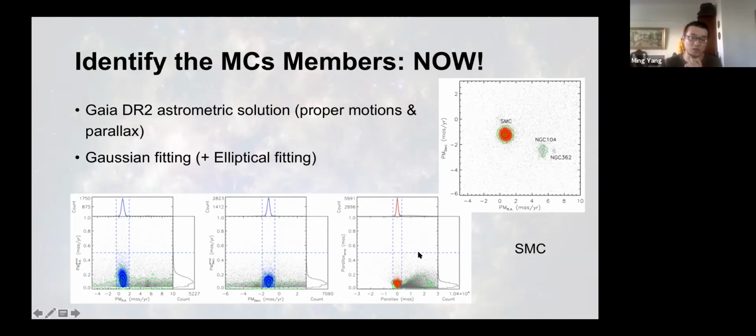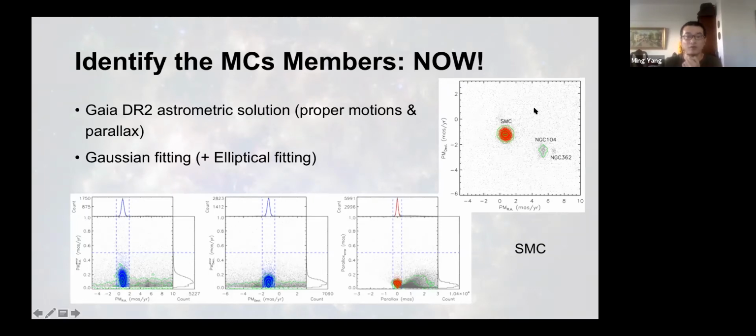So we did a simultaneous Gaussian profile fit for it. And from the right diagram, you see the proper motion in RA and Dec. Immediately, you see the clustering of the members of the SMC. Here I take the SMC as an example.